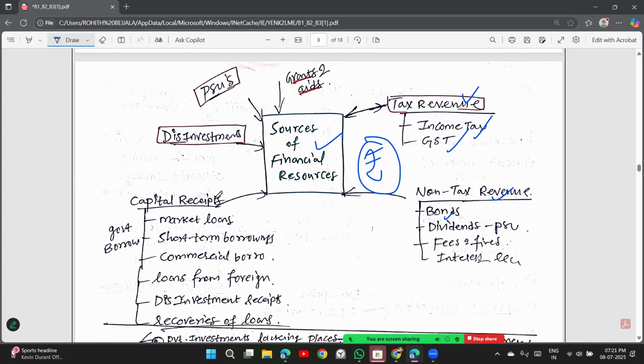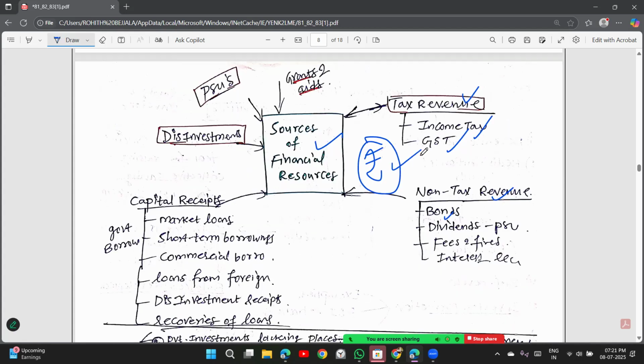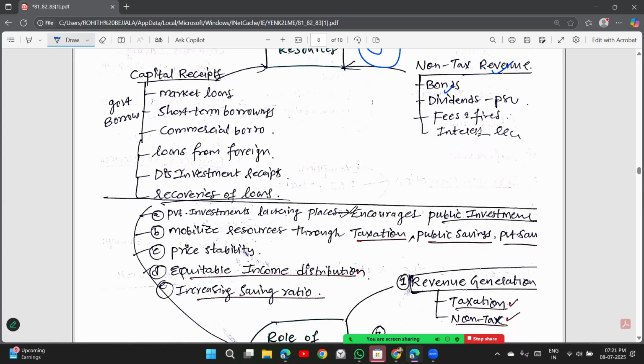Okay. In capital receipts, there are market loans, short-term borrowings, commercial borrowings. If India doesn't have money, then it will take loans from the IMF, and other countries also give loans to India. So all these things will generate the money for spending, I mean, for public spending.